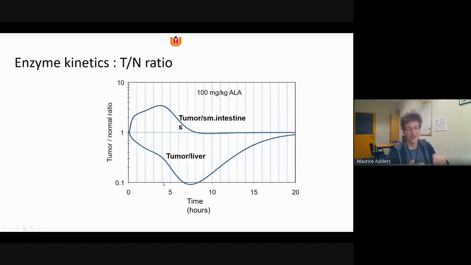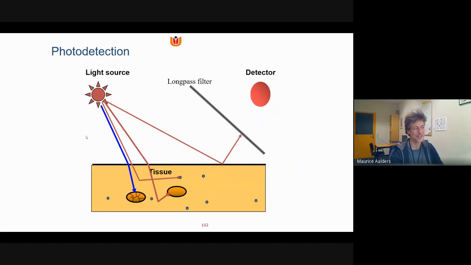And then we can still get this contrast. So we cannot treat it, but we still see the contrast. The tumor is here much darker compared to the liver, if we're looking at the fluorescence. And if the tumor is in the small intestines, the tumor is much brighter here. So it's also a nice way to treat. So we can use the pharmacokinetics to get our treatment or diagnosis strategy.